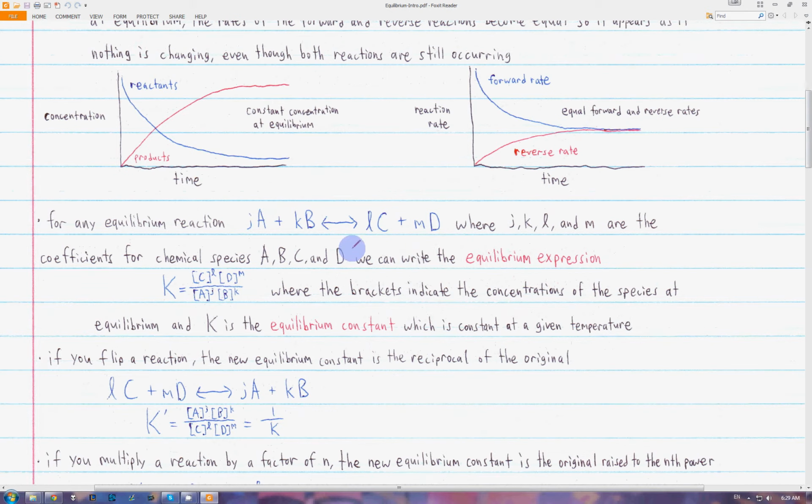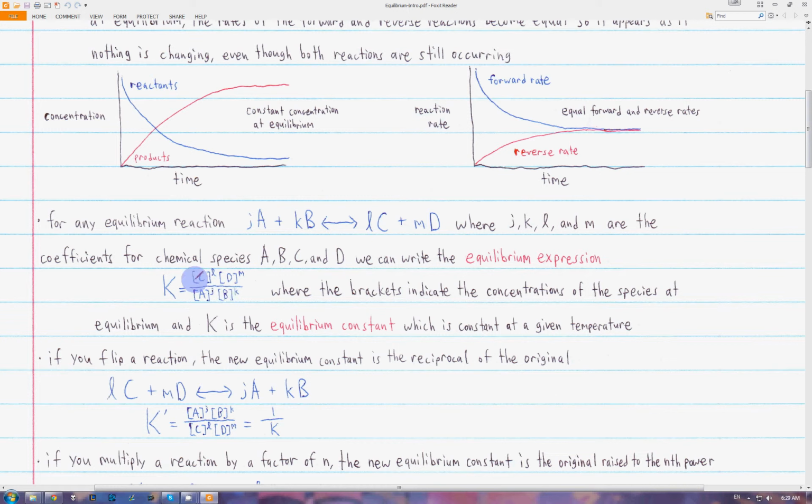The equilibrium expression is K, which is called the equilibrium constant, equal to the concentration of C to the L times the concentration of D to the M, all over the concentration of A to the J times the concentration of B to the K.